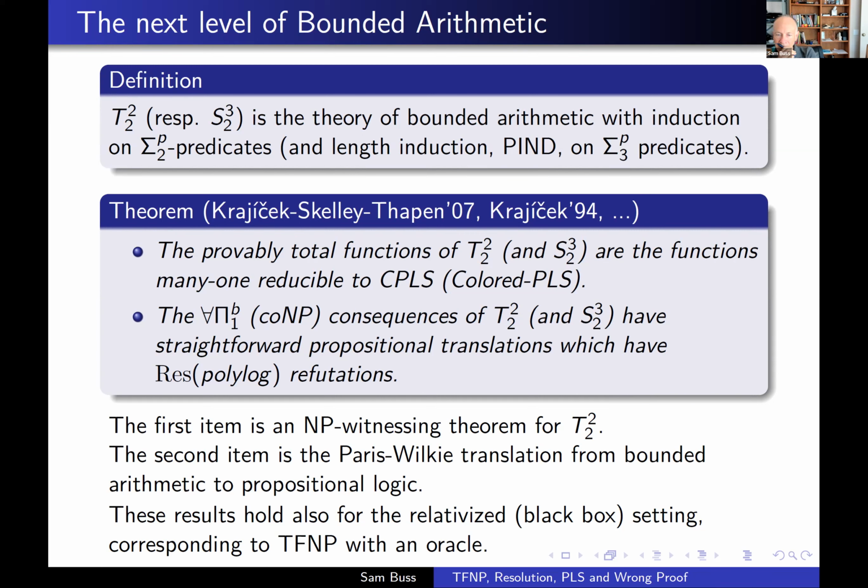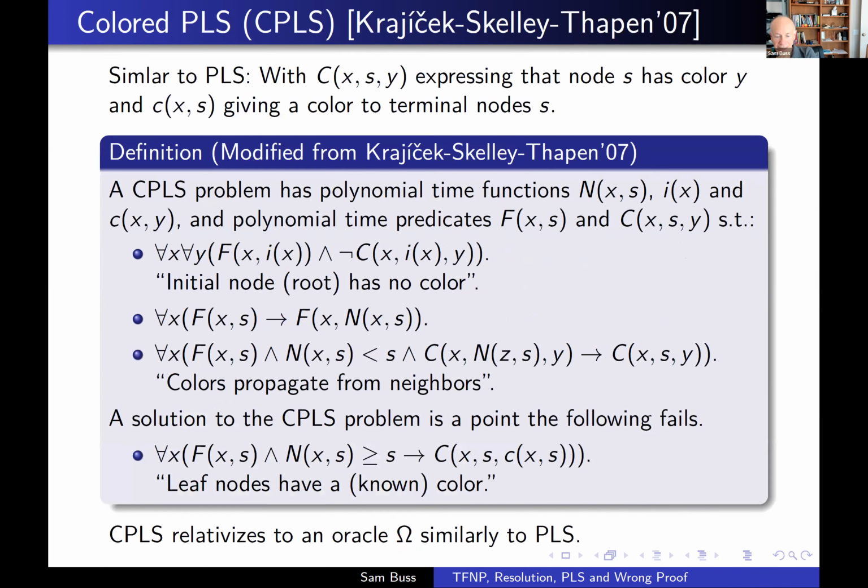And this holds also in the black box setting where you add oracles. So we expect now the same kind of connection between CPLS and res polylog as we had earlier for res and log width res. And indeed we get that, but first let me define CPLS.